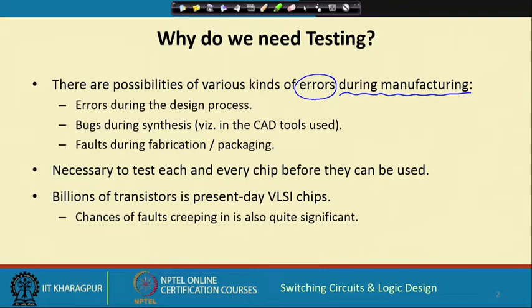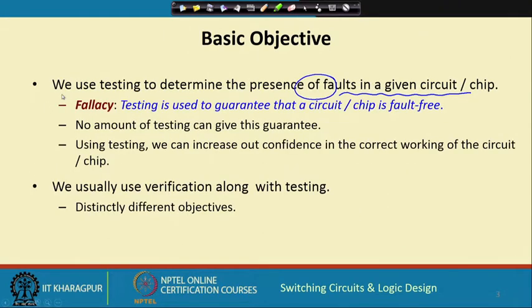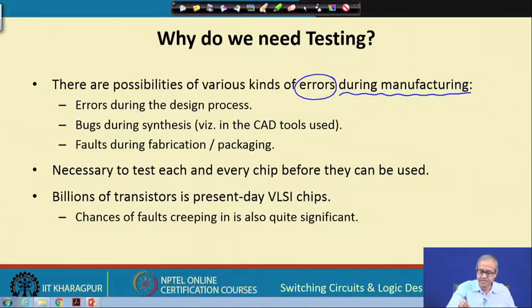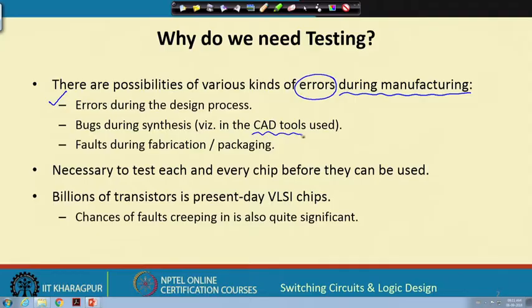Now, here I have highlighted 3 different kinds of errors, but there can be other kinds of errors as well. First is that, well, in the design process itself, let us say there were some errors. When you are designing the circuit, because of a human error or maybe the specification was not correct, there has been some problem there. Or normally we use some software tools for design and synthesis. These are called computer aided design or CAD tools.